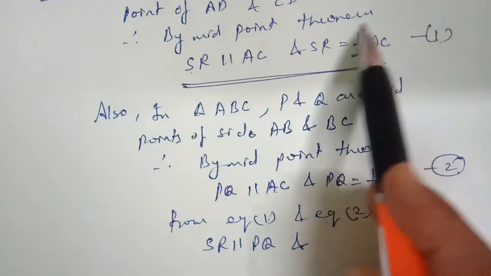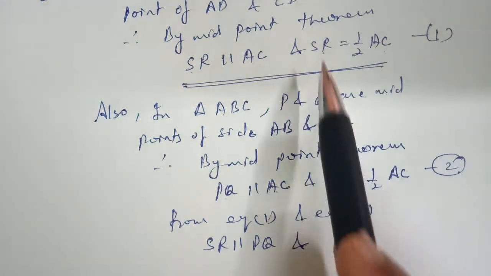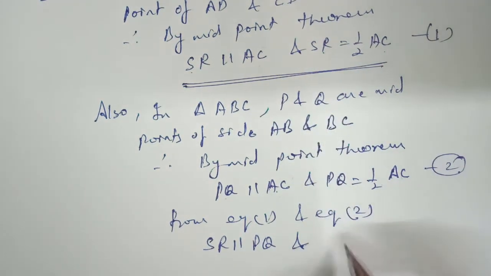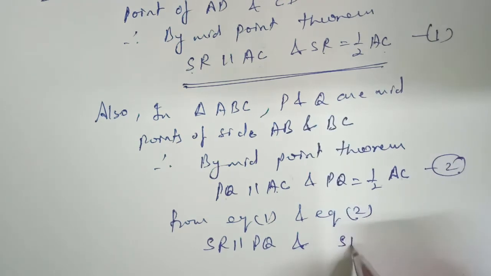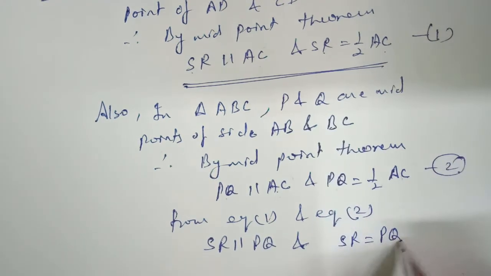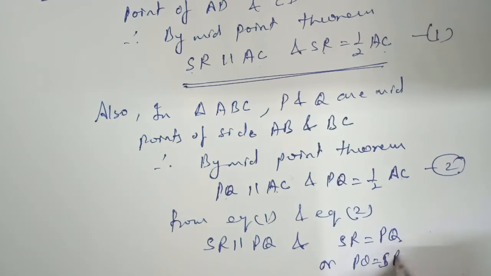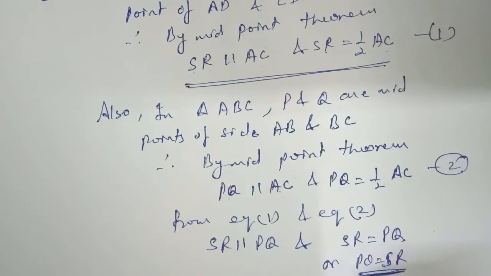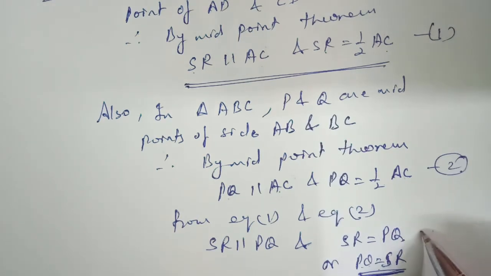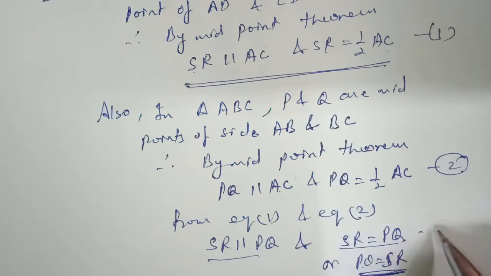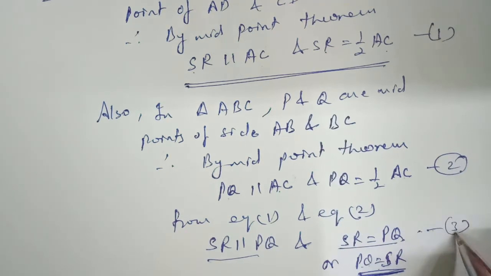Again, both of them are equal to the same thing, that is half of AC. So we can say SR is equal to PQ, or PQ equal to SR. We are writing in the correct form. Underline it because in the second portion which we have to prove, it is given PQ is equal to SR. Let this condition be the third condition.